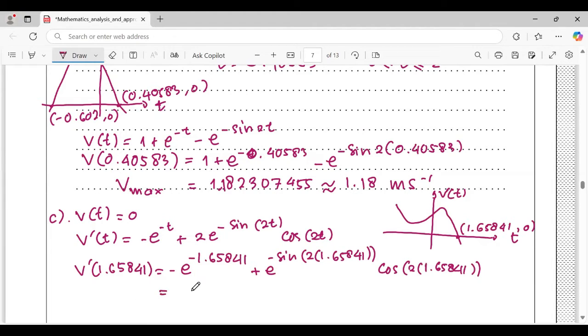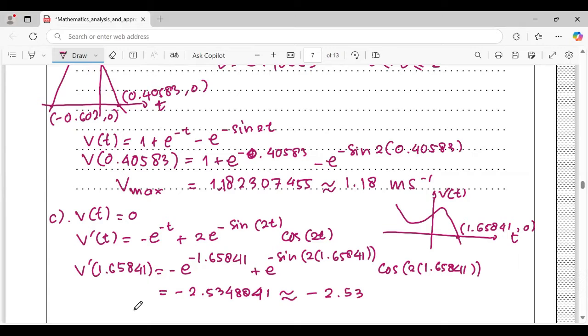And if you calculate, the result will be minus 2.5348284, and approximately becomes minus 2.53.